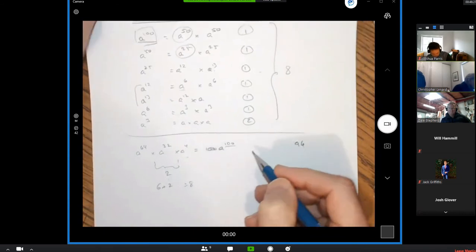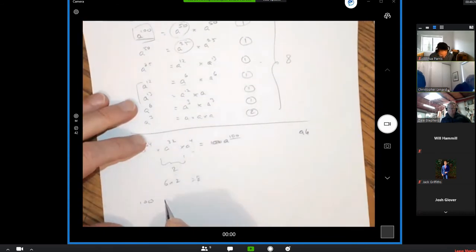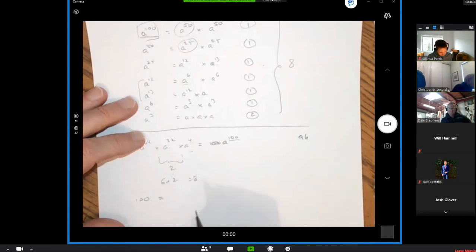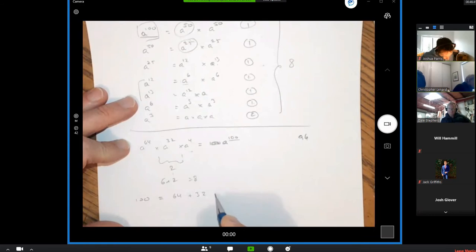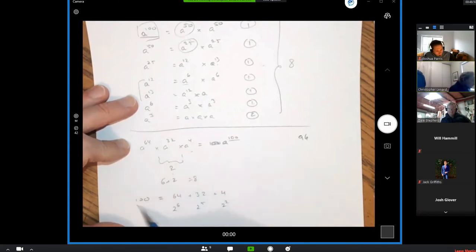What you're doing is you're taking 100 and you're breaking it into powers of 2. So it's 64 plus 32 plus 4. So you know it's 2 to the 6, 2 to the 5, 2 squared. So you're breaking down 100 into those.